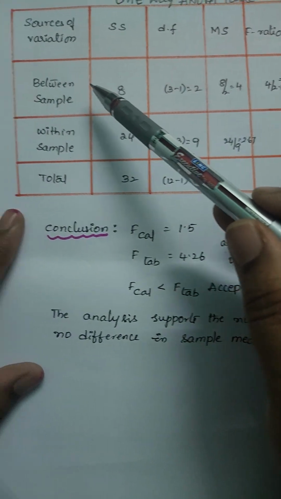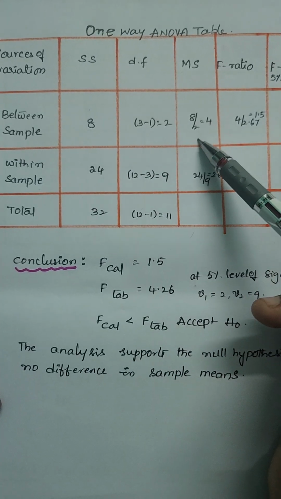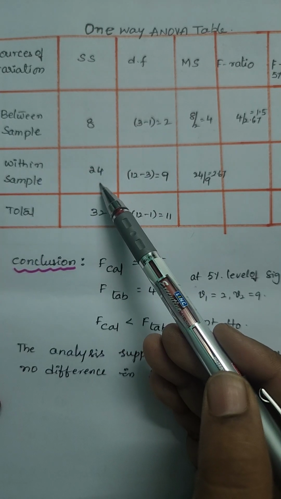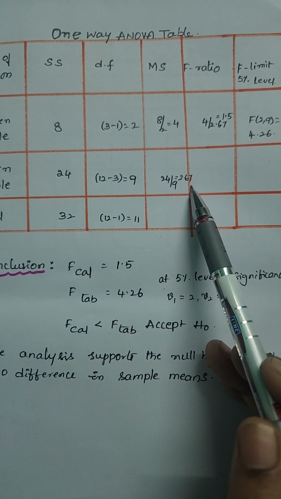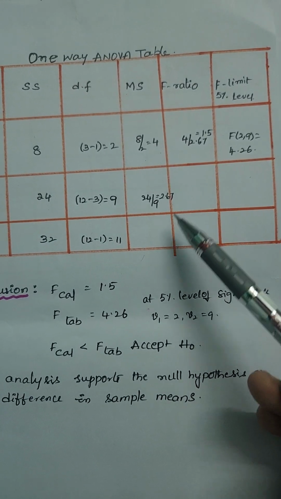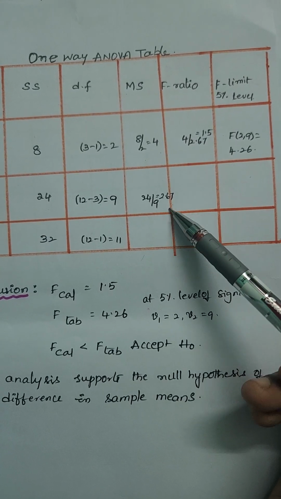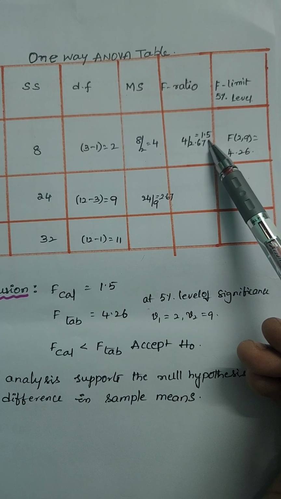Mean square between the samples is 8 by 2, that is 4, and mean square within the samples is 24 by 9, which is equal to 2.67. Now the F ratio is 4 by 2.67, which is 1.5.